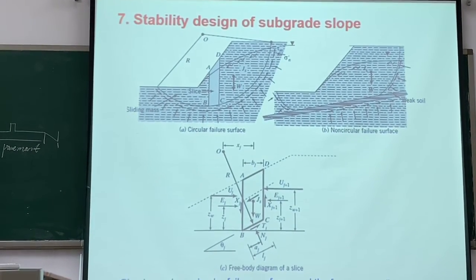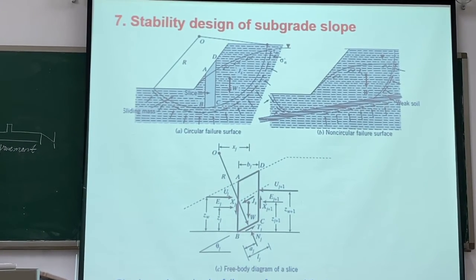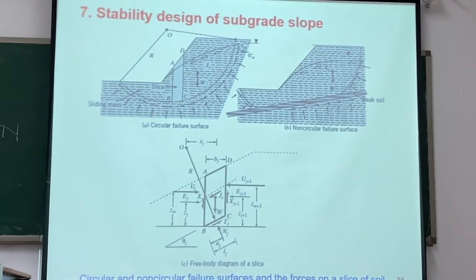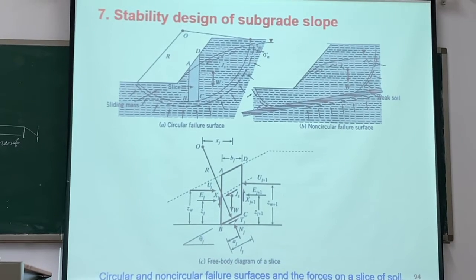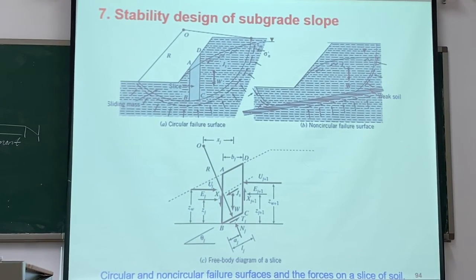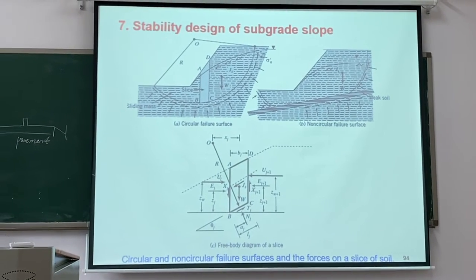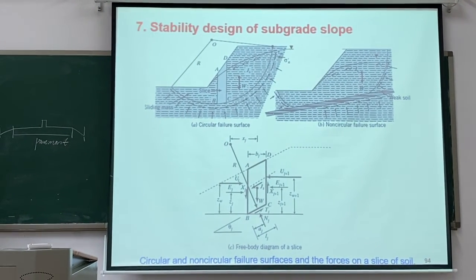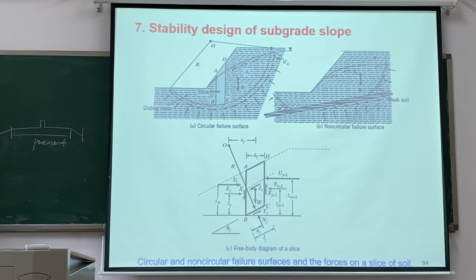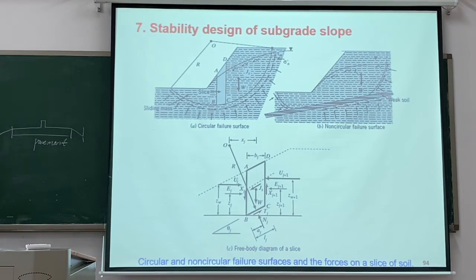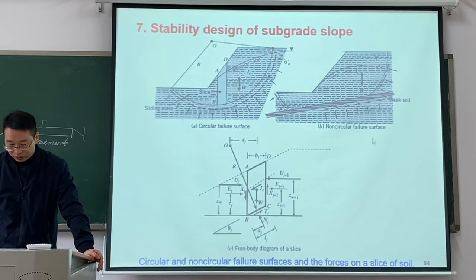The circular or non-circular failure surfaces are on a slice of soil. We should divide it into many slices to calculate. A is a circular failure surface and B is a non-circular failure surface.